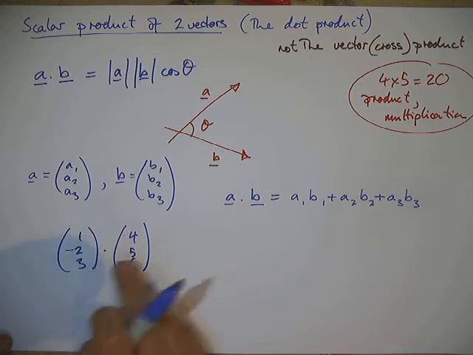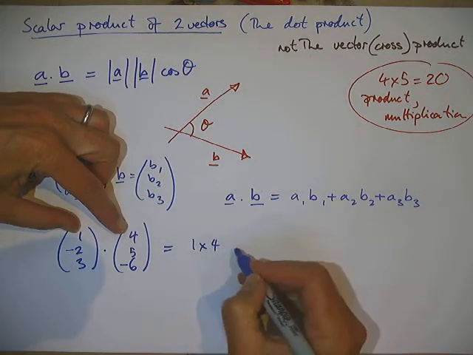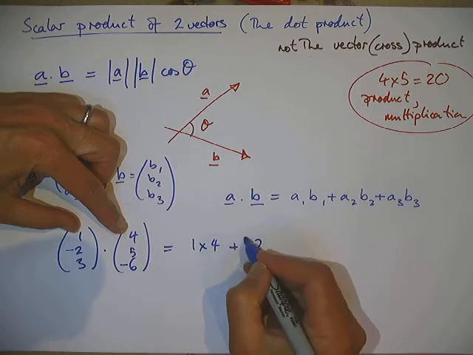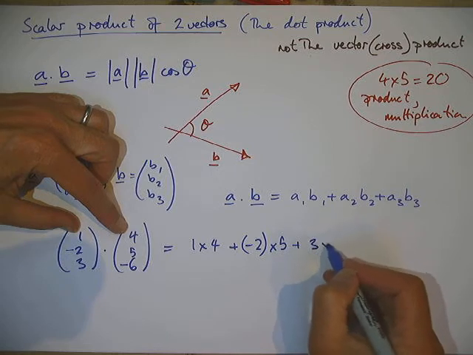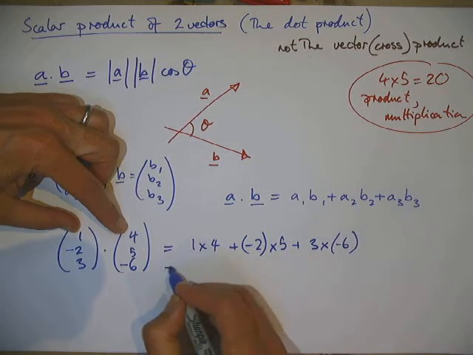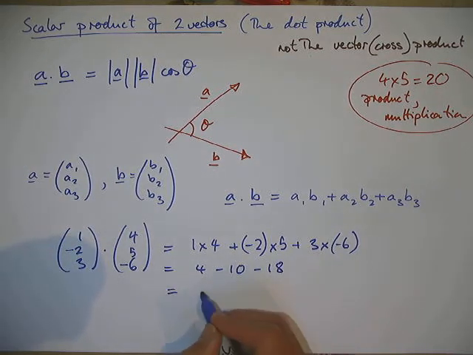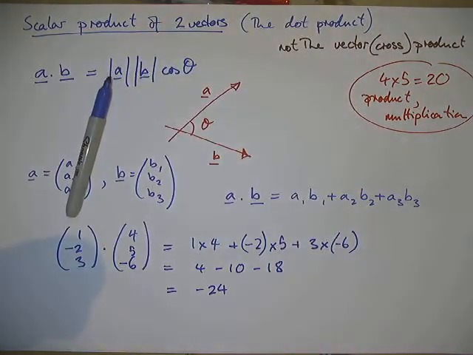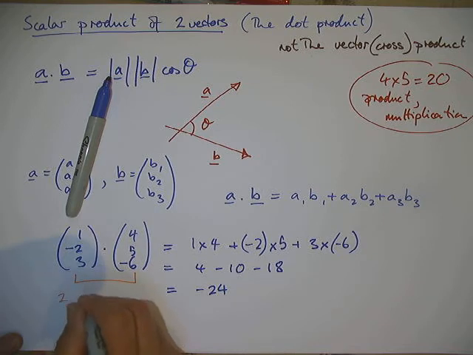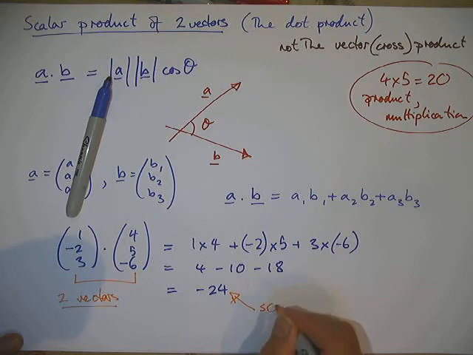If I took that and found the scalar product of this and this, it is simply 1 times 4 added to minus 2 times 5 added to 3 times minus 6. 4 take 10 take 18 is minus 24. Two vectors giving a scalar answer.